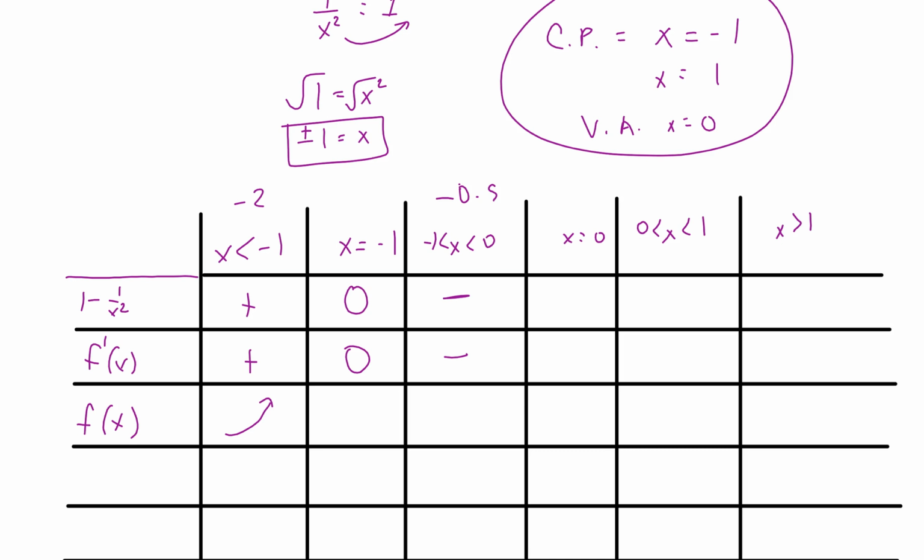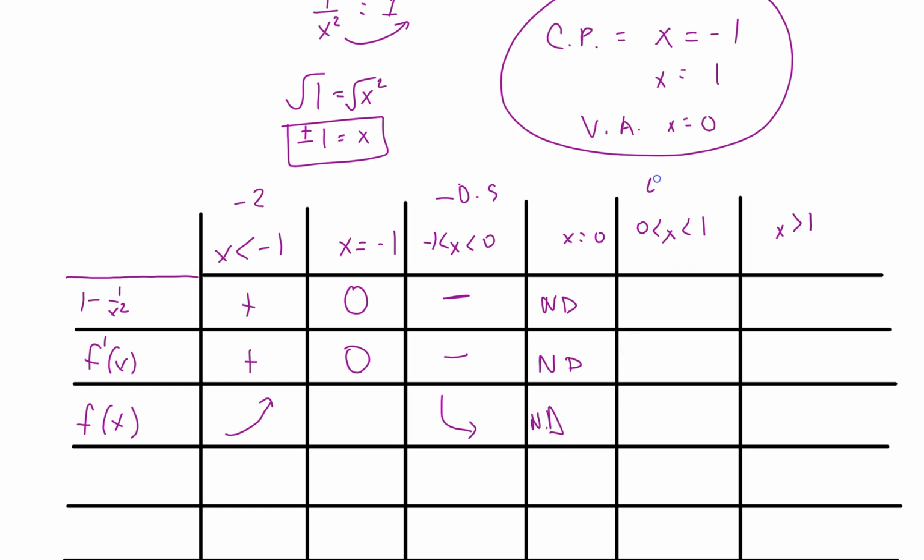So yeah, it'll give us 1 minus 4, which will give us a negative sign, so that means it's decreasing. And then at 0, well, that's non-defined, which means that this does not exist.